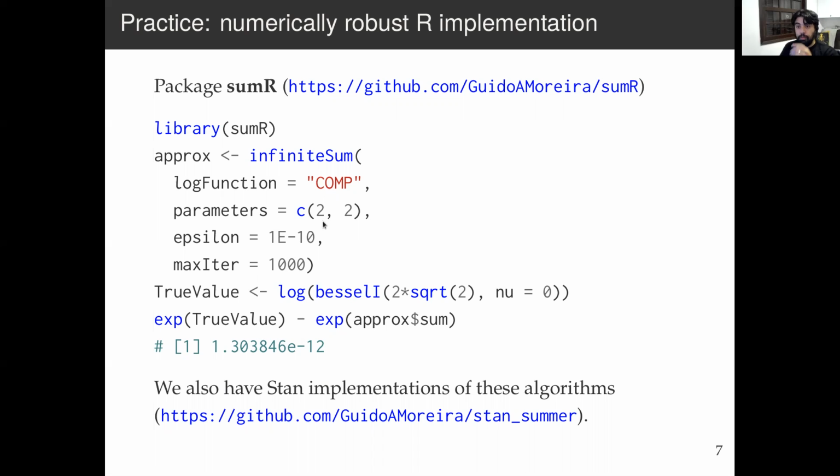For this particular problem, we know that when nu is 2, we know what the real answer is. It involves Bessel functions and whatnot. So in this case, we can compute the true value. And when we compare the true value and our approximation, we get an error that's below the pre-specified threshold. So that's a good thing.